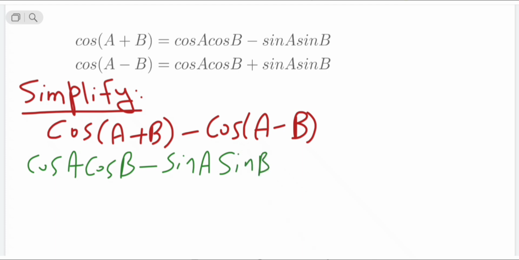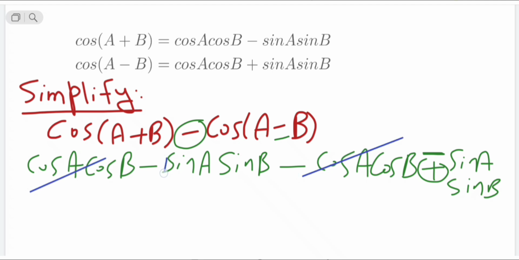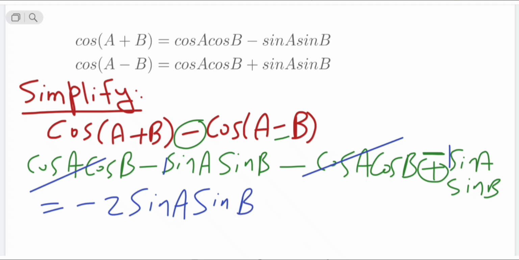Then minus cos(A-B), because of this minus there will be minus, and with the minus inside it becomes plus, so it will be cos A cos B plus sin A sin B. Look now, cos A cos B is negative because 1 minus 1 cancels, and sin A sin B has minus 1 here and also minus 1 here, so it will equal minus 2 sin A sin B. I hope you understand.